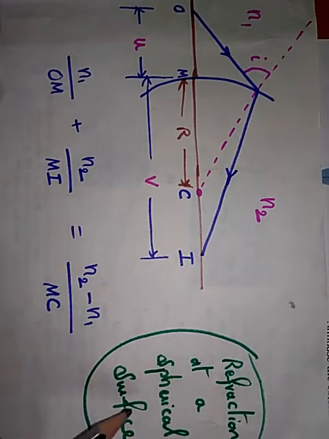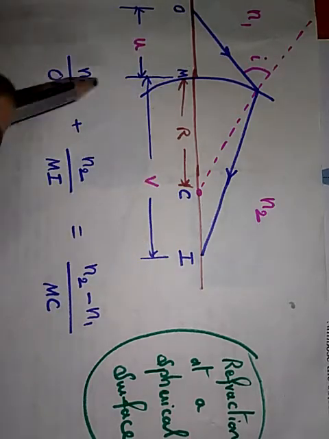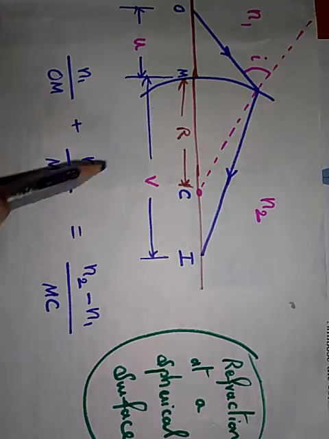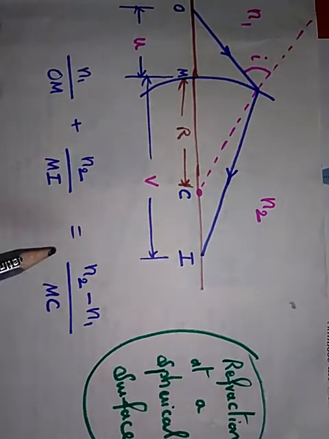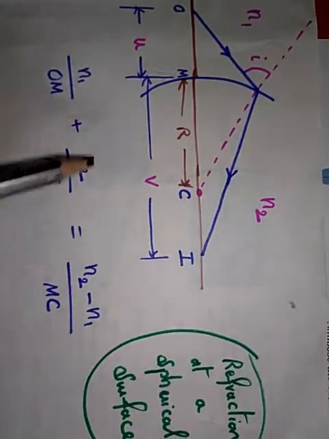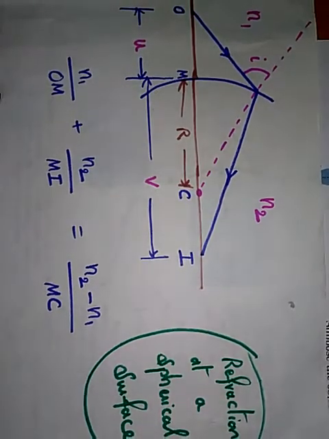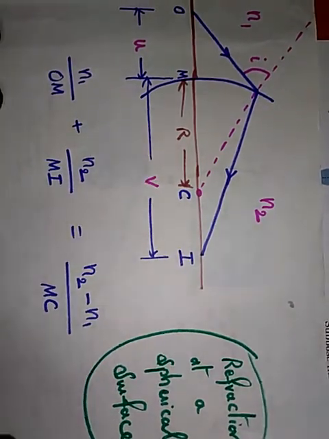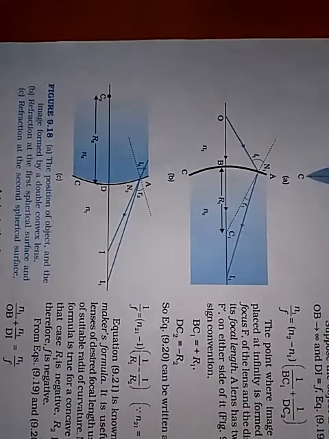For refraction at a spherical surface we have already derived n1 by OM plus n2 by MI is equal to n2 minus n1 divided by MC, that is the radius of curvature. So using this formula we are going to substitute in this derivation.